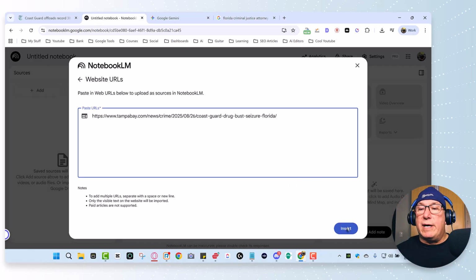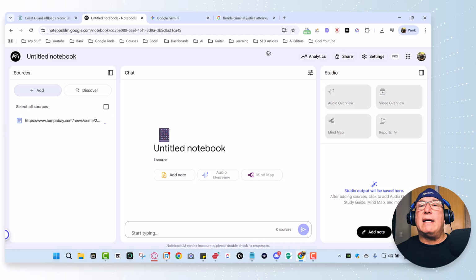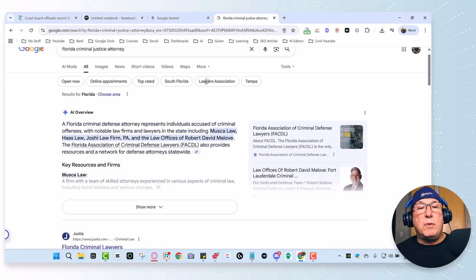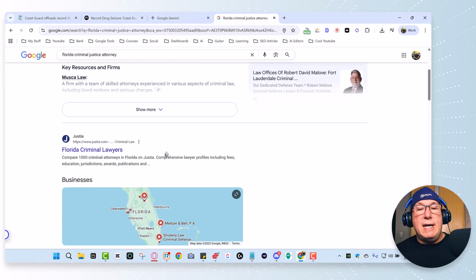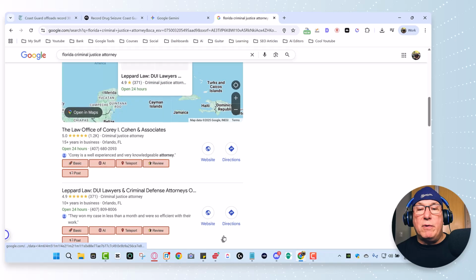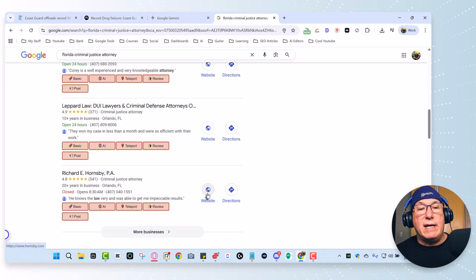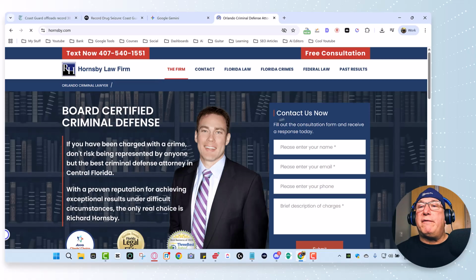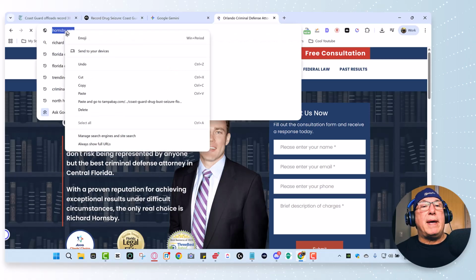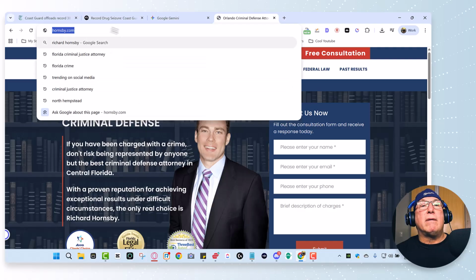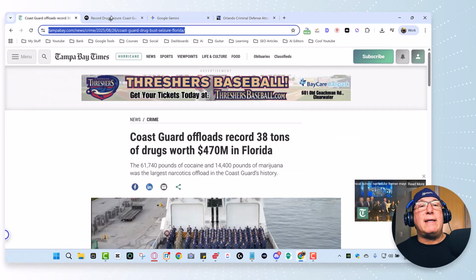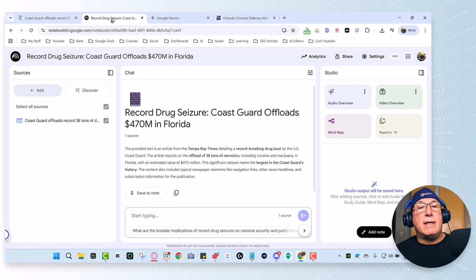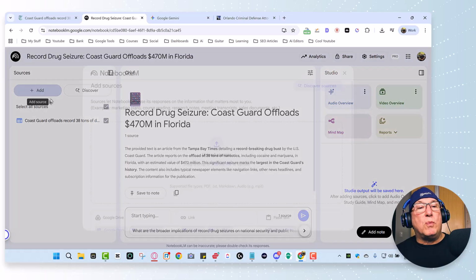drugs, right? So we're going to add that link, and then watch what we're going to do now. If I was working for this client right here, Richard Hornsby, I would take this page and put that in NotebookLM as well.